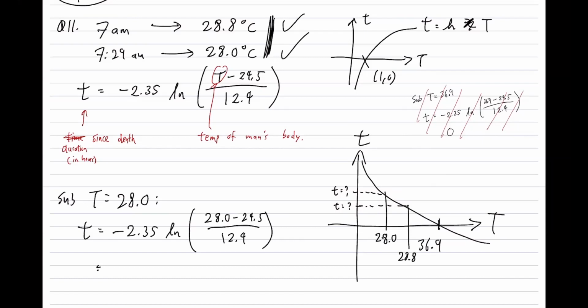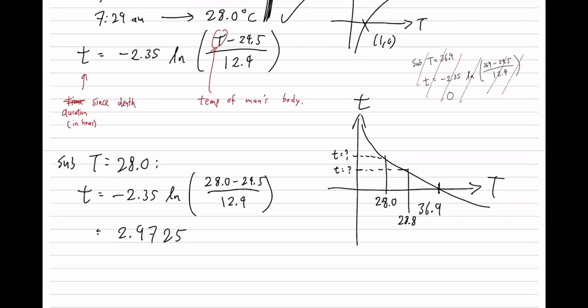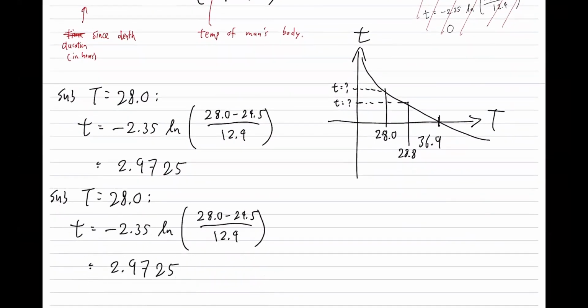What do we get? 0.9725. Okay. Then you do the same thing, but now with 28.8. So the exact same working, but change the 0.0 to 0.8. Change this value here. What would it be? For 28.8, you get 2.488.